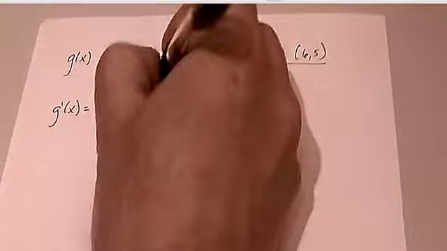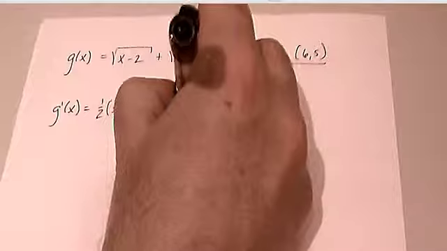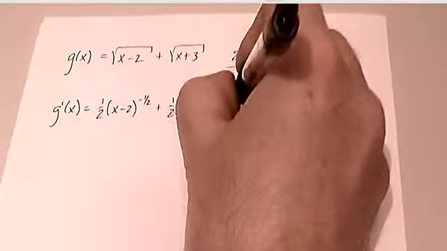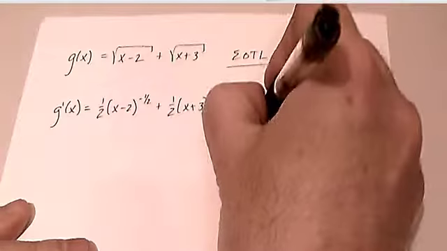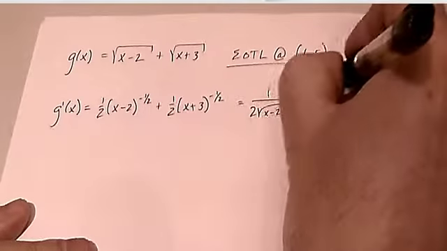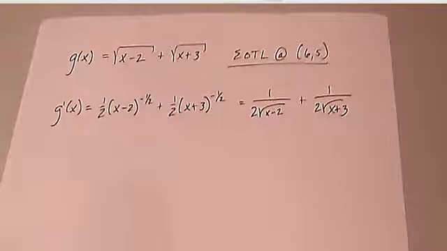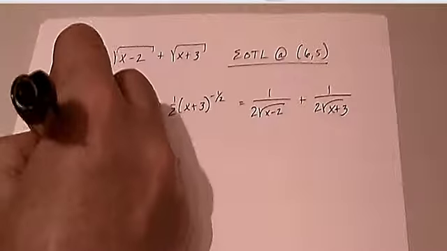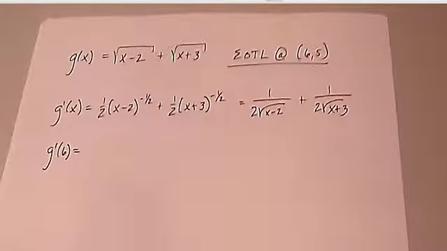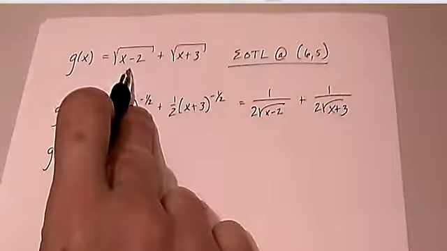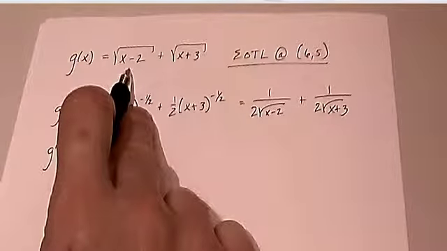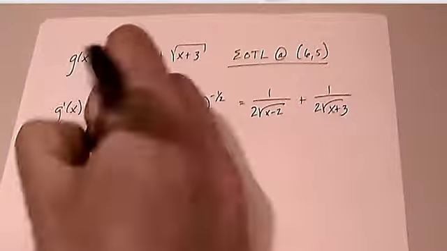This one winds up being 1/2 x minus 2 to the negative 1/2 plus 1/2 x plus 3 to the negative 1/2, or 1 over 2 rad x minus 2 plus 1 over 2 rad x plus 3. You could put that into a single expression, but why in the world would you ever want to? All you need now is to go ahead and evaluate that function at 6. You know that when you plug 6 into rad x minus 2, you're going to get rad 4, or 2. So that's going to be 1/4.